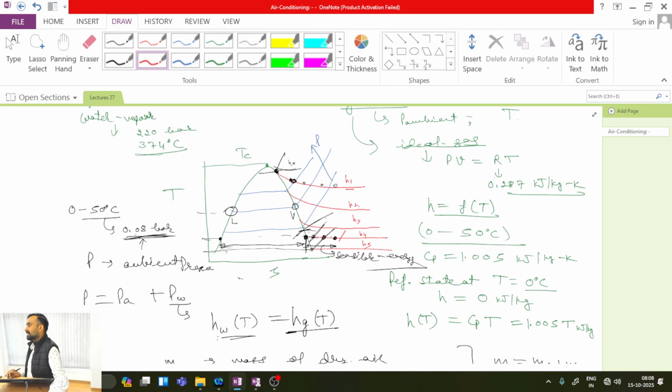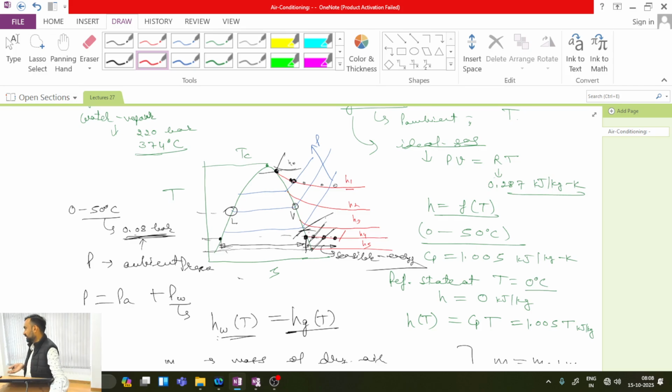In a mixture of dry air and water vapor, if total pressure is P, then a significant portion is dry air. The contribution of the partial pressure of vapor, whose maximum limit is the vapor pressure, is actually very small, because we are going only up to 50 degrees Celsius.